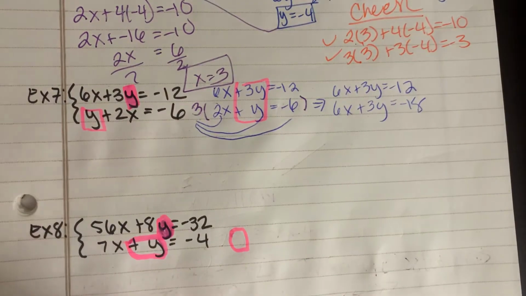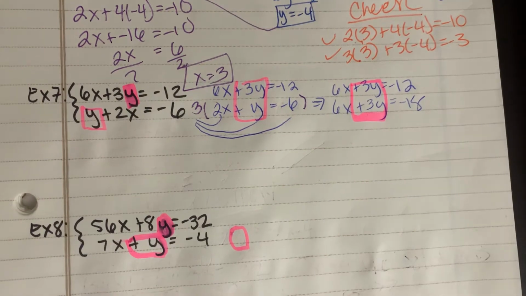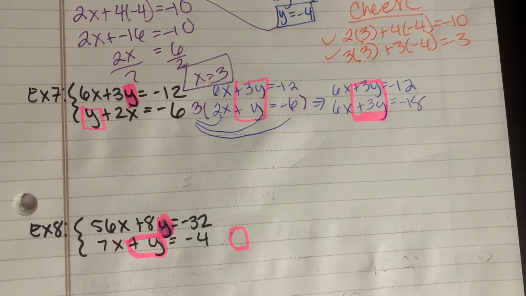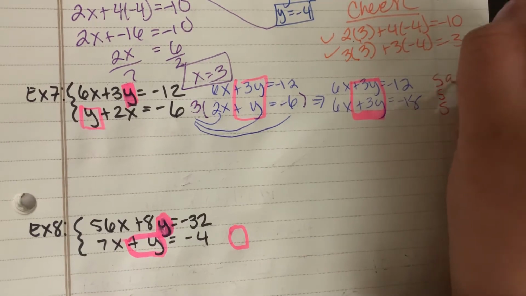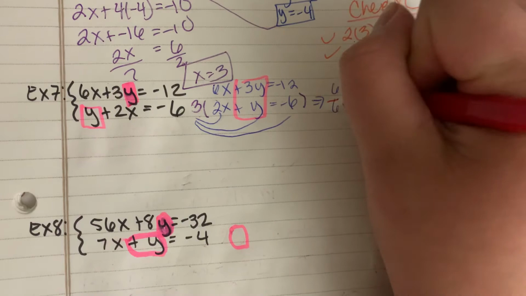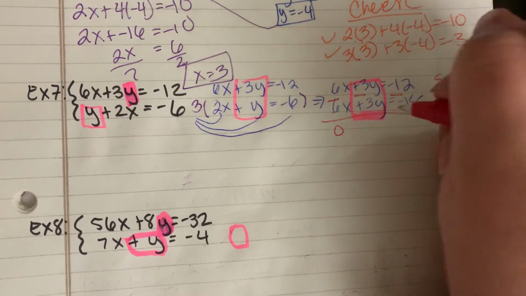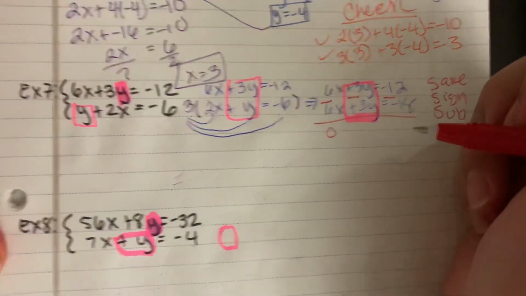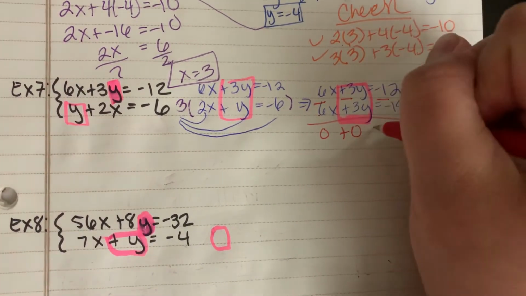Remember, the variables we chose to eliminate were these y's. So 3y and a positive 3y are the same sign. Remember, triple S: if they're the same sign, we subtract. So subtract, subtract, subtract. 6 minus 6 is 0, which we already know can happen, so don't freak out. 3 minus 3 is also 0.